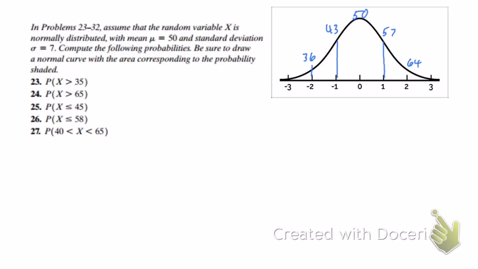The first one says, find the probability that x is bigger than 35. So 35 is going to be right in here, right? Greater than 35, I'm looking for the area to the right of that. So the first thing I do is get a z-score. z of 35 equals 35 minus the mean, divided by the standard deviation.